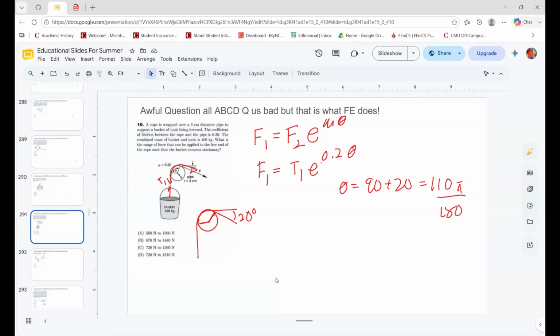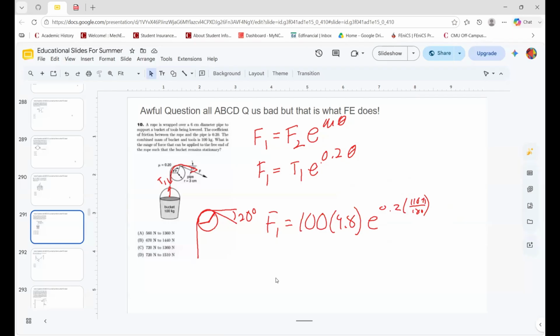Okay, so now we put that into the perspective of the bucket. It's 100 kilograms, so multiplied by 9.8. Because this is T1 equals 100 multiplied by 9.8 e^(0.2 multiplied by 110 pi over 180) is what we're doing right now.